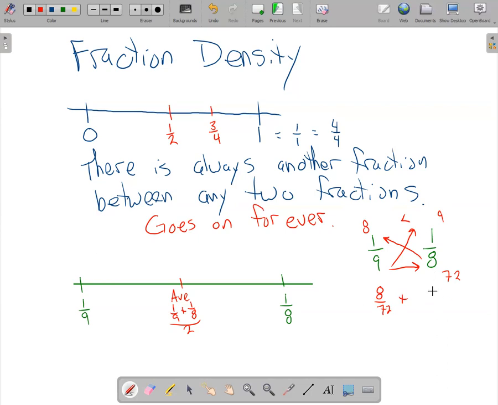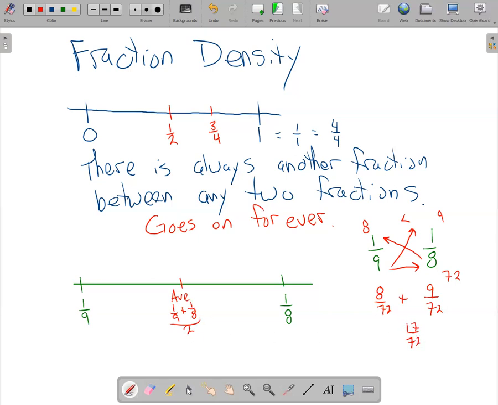And 1/8 can be written as 9/72. So how much are they together? Well, I now have a common denominator. 8 plus 9 is 17 out of 72. That's their sum. And average means cut that sum in half.